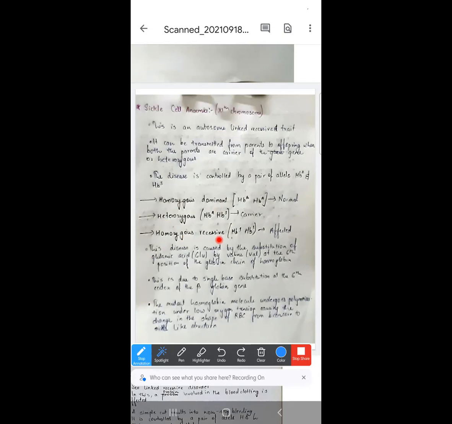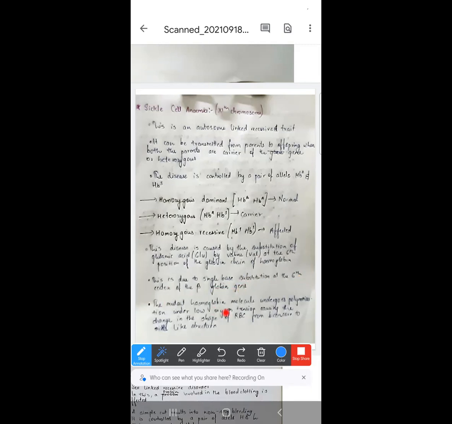Now, this disease is caused by the substitution of glutamic acid by valine at the sixth position of the globin chain of hemoglobin. This is due to single base substitution at the sixth codon of the beta globin gene.